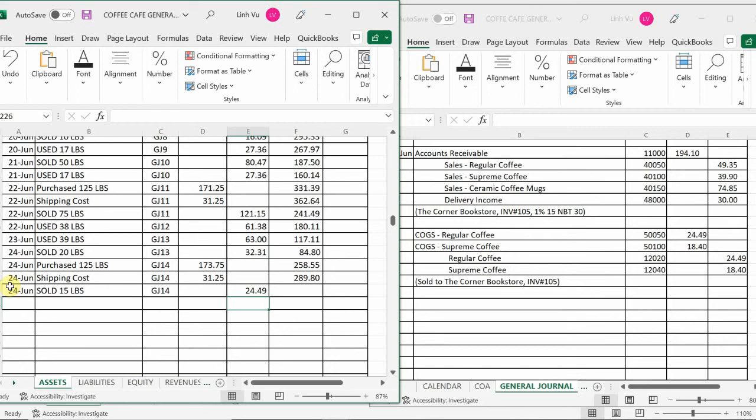So what's my ending balance? $314.29. You add it again. Are we adding our inventory or are we subtracting if we sold? Subtracting.